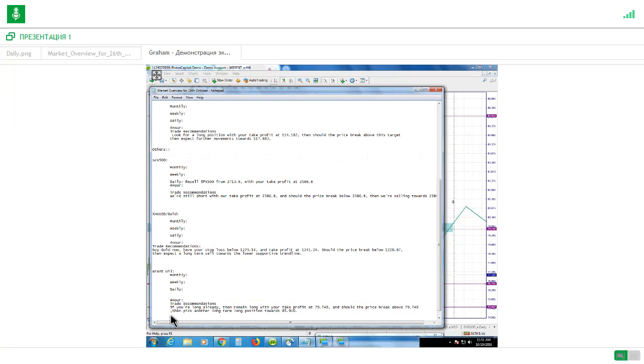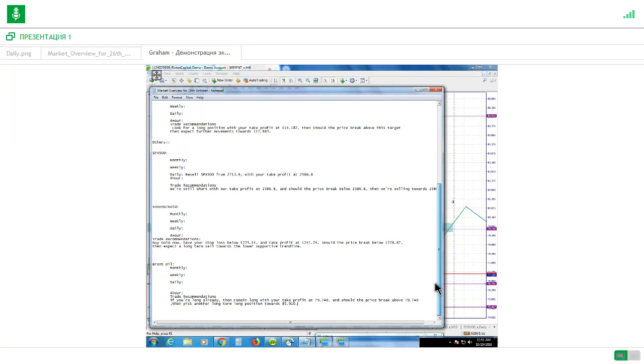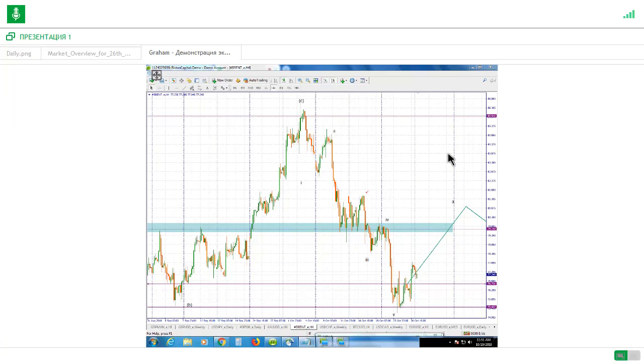Then we'll buy towards 79.740, and that is something we need to say, that on the 4 hour chart, rebuy Brent oil at 79.731, with the take profit at 79.740.